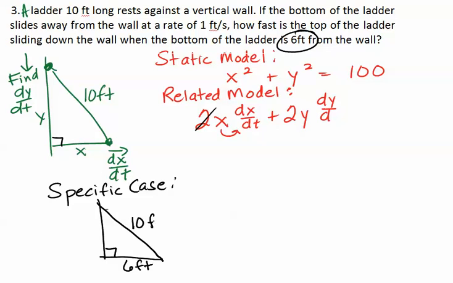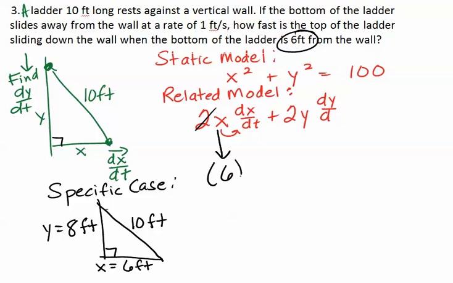So they don't tell us all 3 sides of the triangle, but of course, by Pythagorean theorem, and here, because it's a Pythagorean triple, we know what we're going to substitute for the y value, even though they only gave us the x value. So now our specific data, our specific case gets substituted into our related rates model.